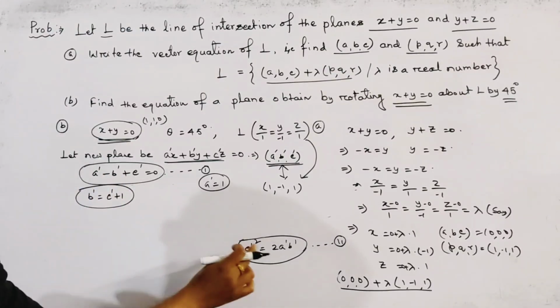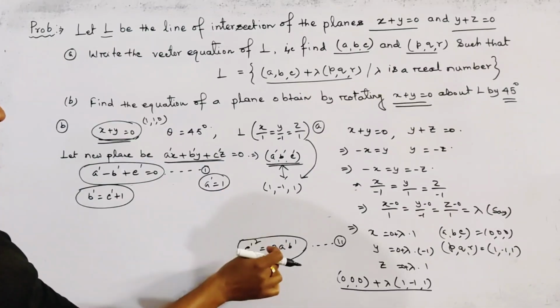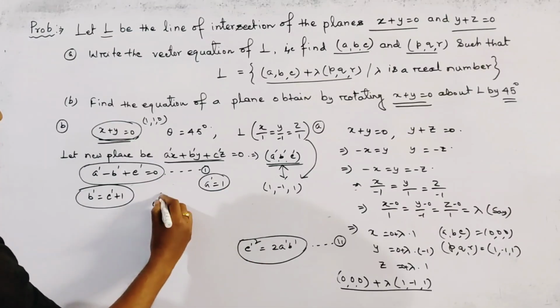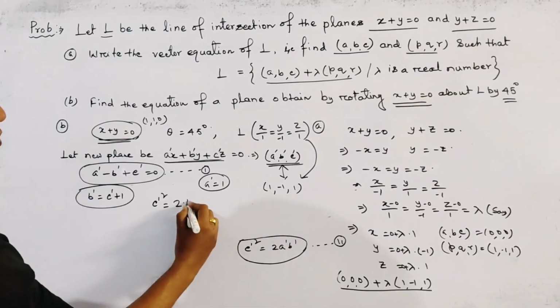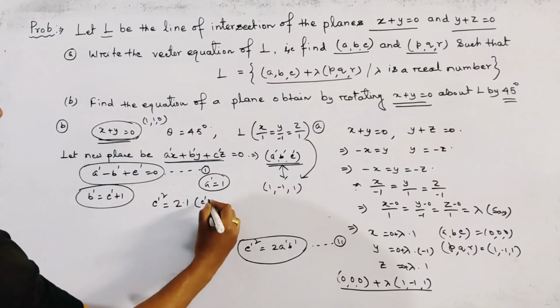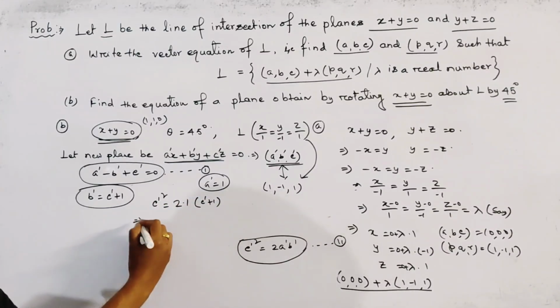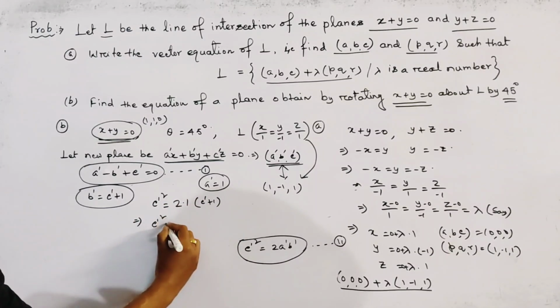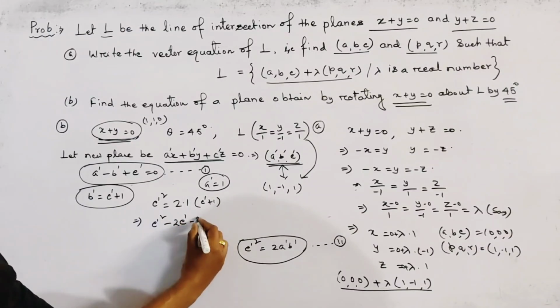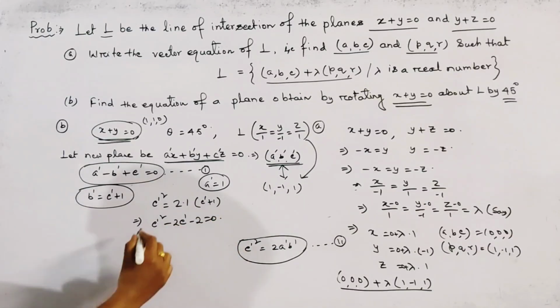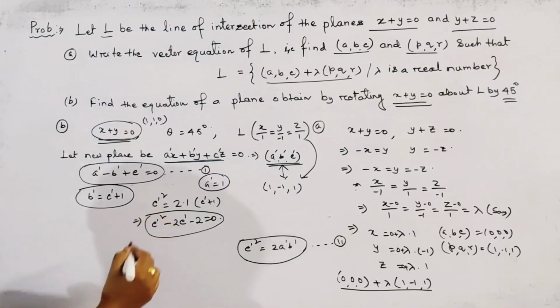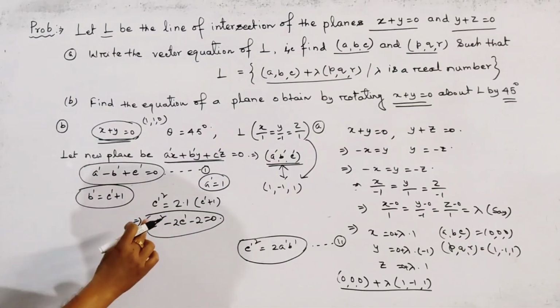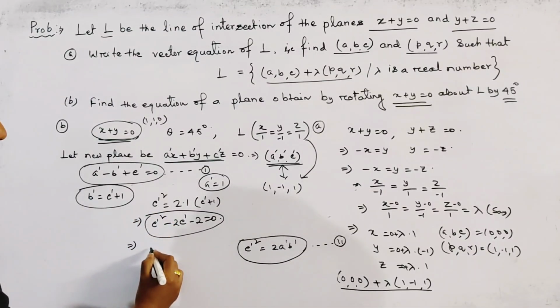We put the value of b' here, and a' also 1, and we get c' square equals 2 into 1 into b', meaning c' plus 1, and getting the relation c' square minus 2c' minus 2 equals 0. This is a quadratic equation of c', and from here we get two values of c'.